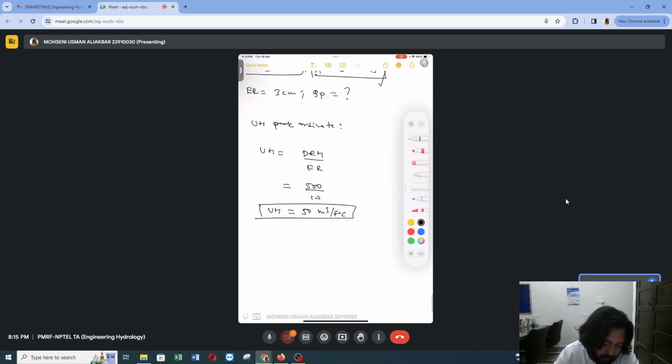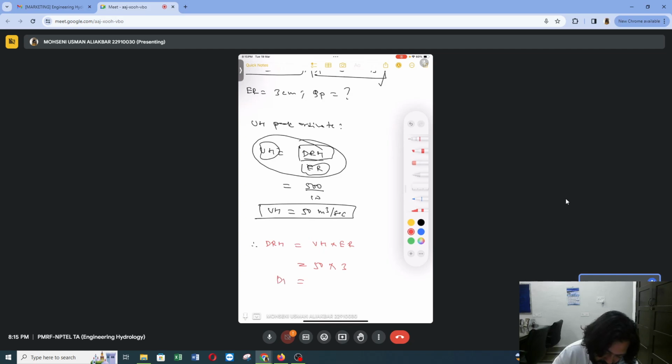Now we can use the same equation and calculate DRH by changing ER to 3 and unit hydrograph to 50. So DRH is equal to UH into ER. We know UH is 50 and the effective rainfall they have asked is 3.